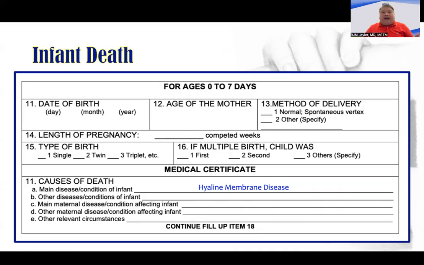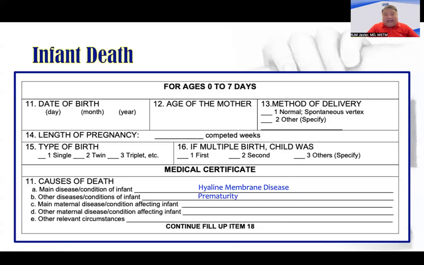You know that surfactant is necessary for normal gaseous exchange in the lung parenchyma. So if you lack surfactant, chances are you may have hyaline membrane disease. And if you do not administer surfactant, your baby can die because of acute respiratory distress syndrome.